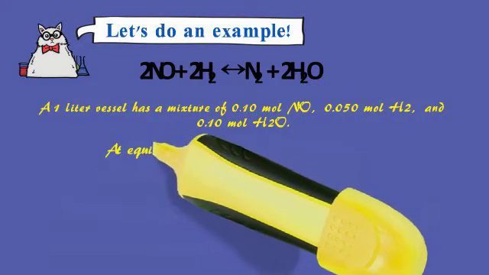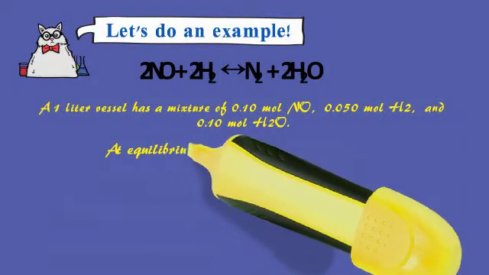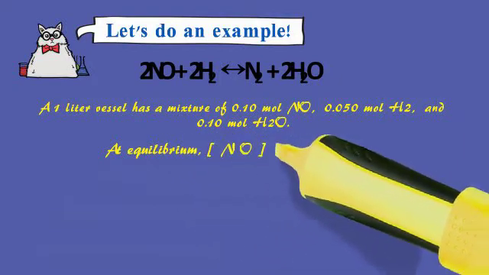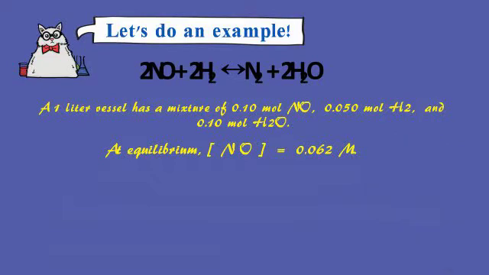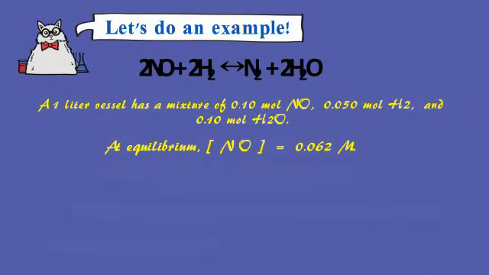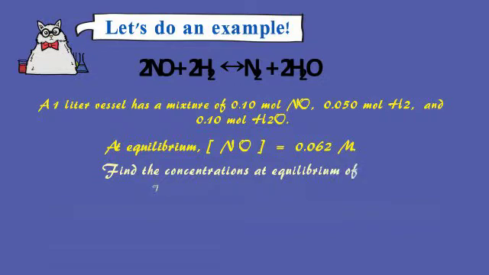At equilibrium, the concentration of NO is given to you, and that is 0.062 molarity, capital M. So what we have to do is find the concentrations of everything else at equilibrium. And we also have to find the equilibrium constant, which is noted as K sub C.